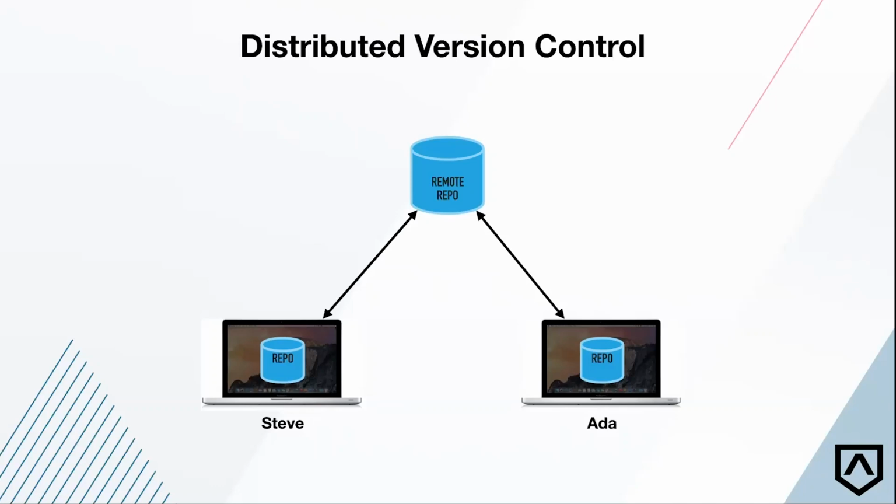But Steve and Ada both work for Snapchat, and they're both expected to work on different features, okay? So Steve is going to create a copy of the Snapchat repo on his computer. And then Ada is going to also make a copy of the remote repository on her computer. And so Steve and Ada both have local copies of the same remote repository. Okay?